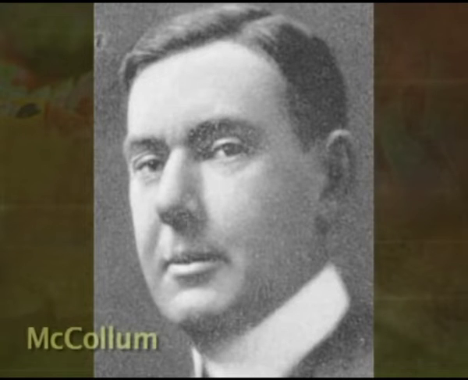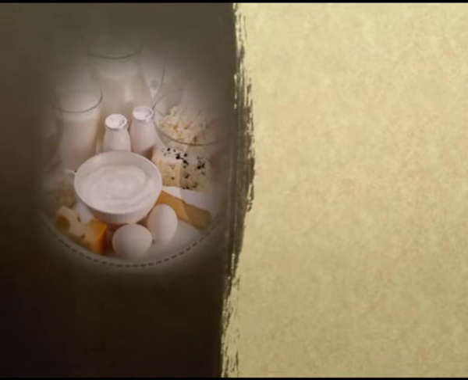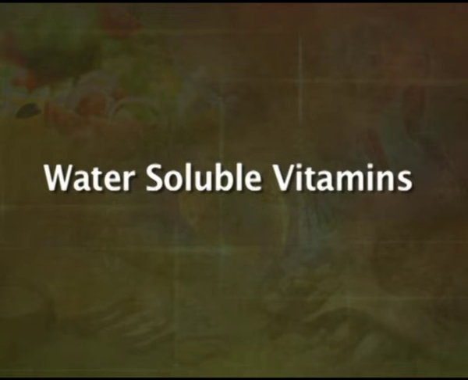This method of classification dates back to the history of their discovery, as labeled by McCollum as fat soluble vitamins or water soluble vitamins. In today's session, we are going to deal with water soluble vitamins.